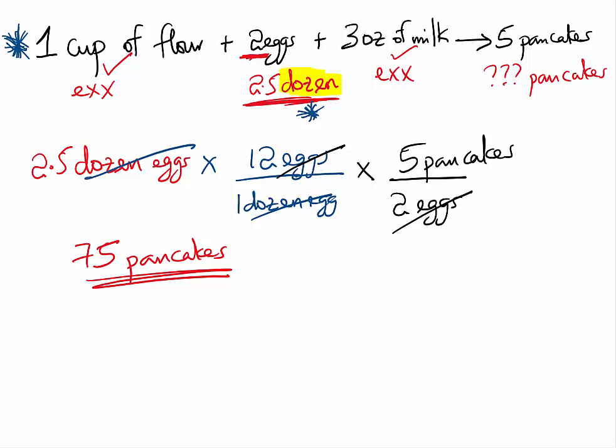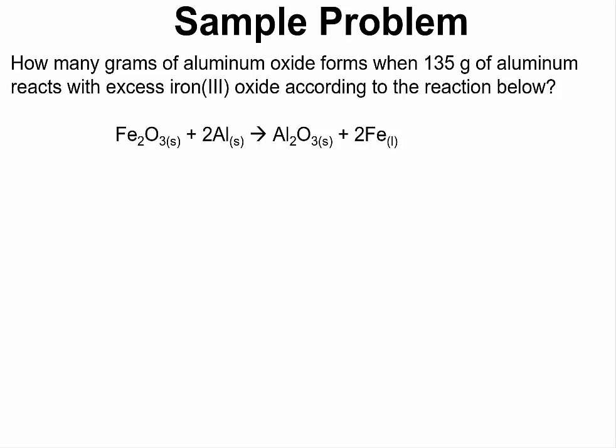Now, let us take a look at a similar question to that. Take a look at this question. How many grams of aluminum oxide will form when 135 grams of aluminum reacts with excess iron 3 oxide according to the reaction below?